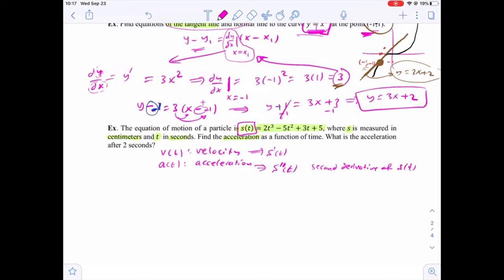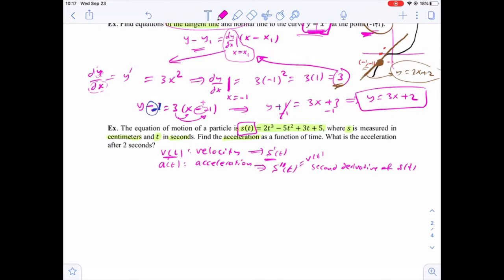By the second derivative we mean to find the first derivative, and then the resulting function should be differentiated again. So we differentiate s of t and get a new function called s prime, and then we differentiate s prime to get s double prime. Or we can just differentiate v of t, because v of t is s prime.